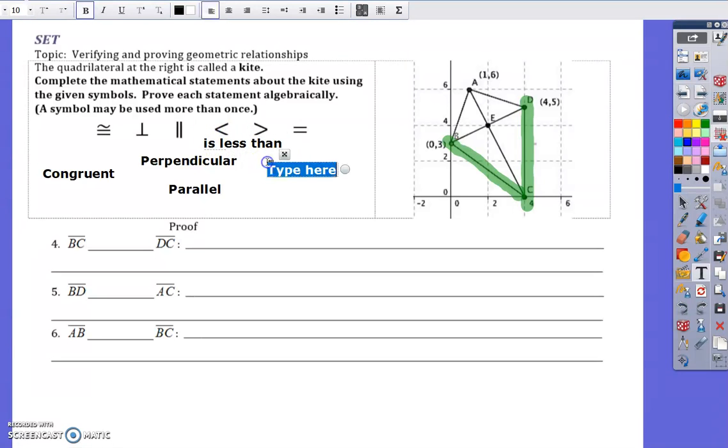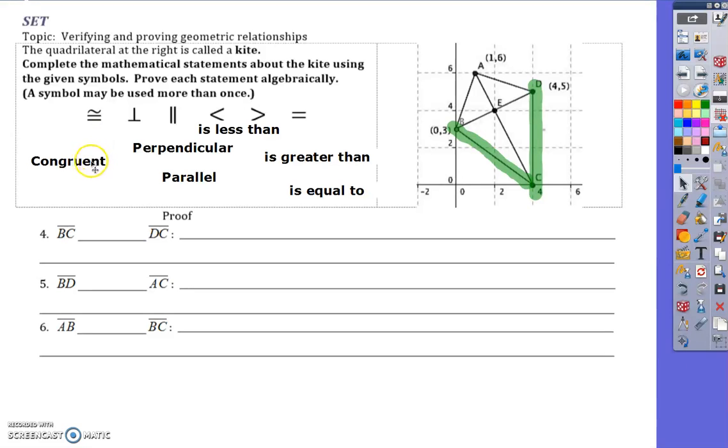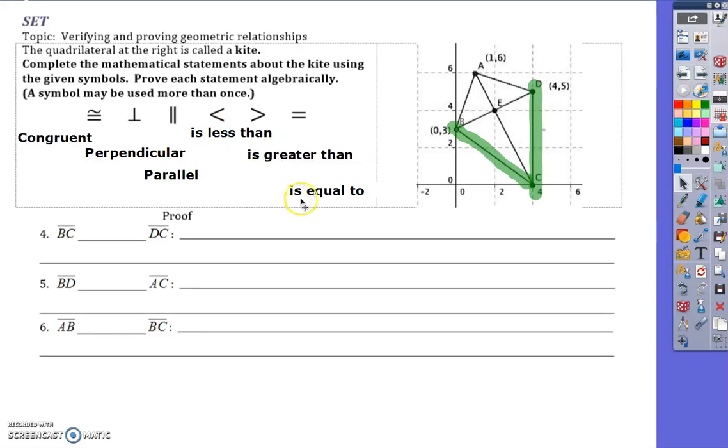And then this next one is greater. And the last one is equal to. And those are our words that go with our symbols. Okay, so we've got our first one congruent, our next one perpendicular, our next one parallel, then is less than, is greater than, and is equal to. So those are the words.